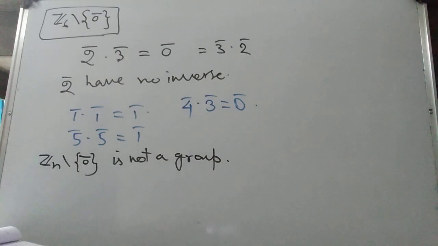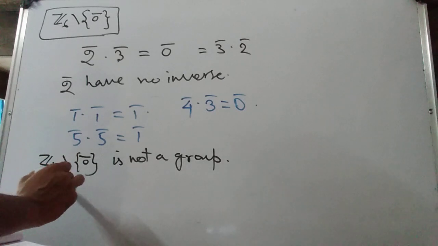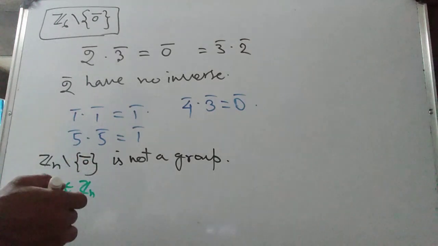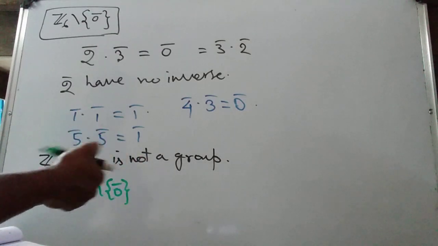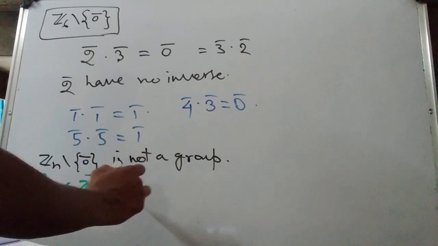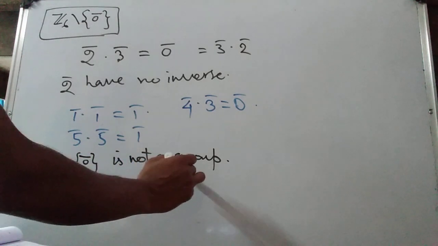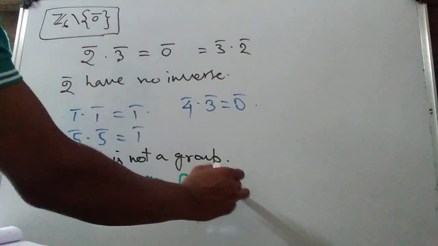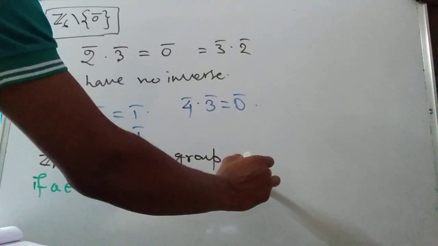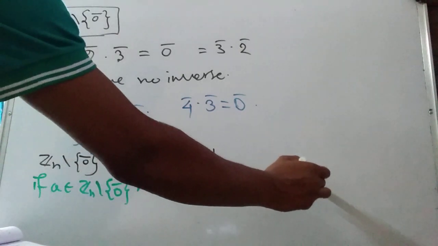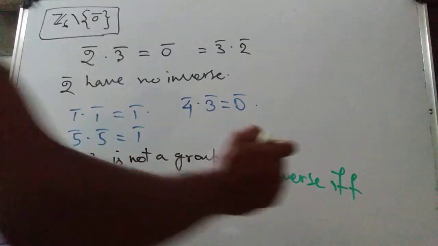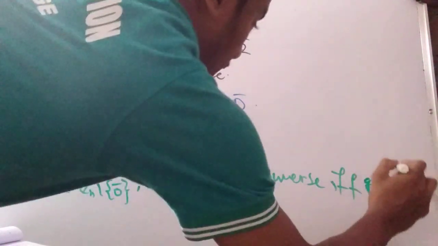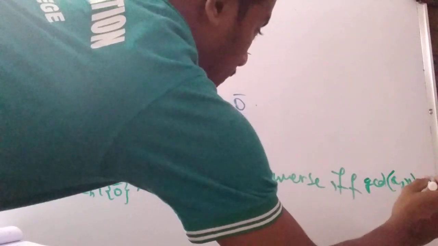That means if A belongs to Zn difference 0 class, this one is better, then the class A has an inverse if and only if GCD of A, n equal to 1.